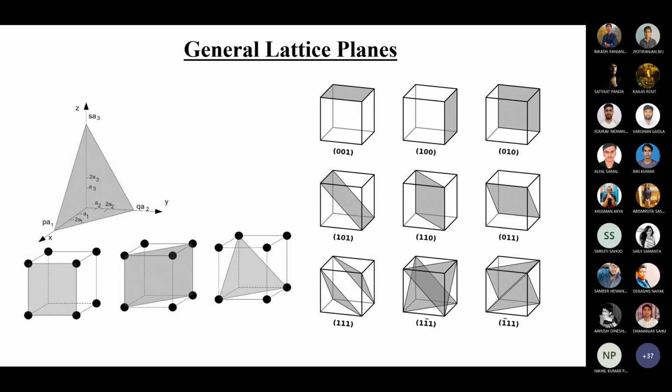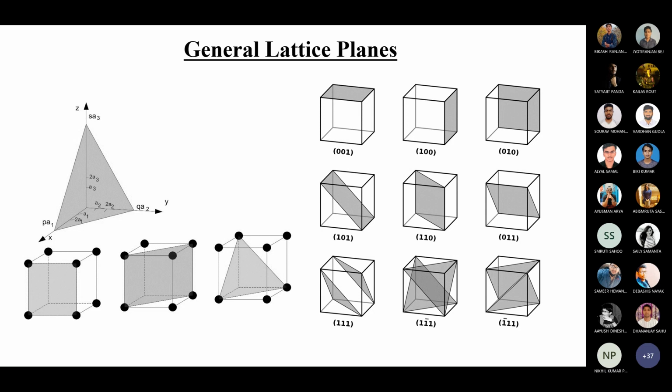Before we start that, I just want to tell you one piece of information: when you represent a direction, HKL, it should be in square brackets. HKL in square brackets actually shows the direction.